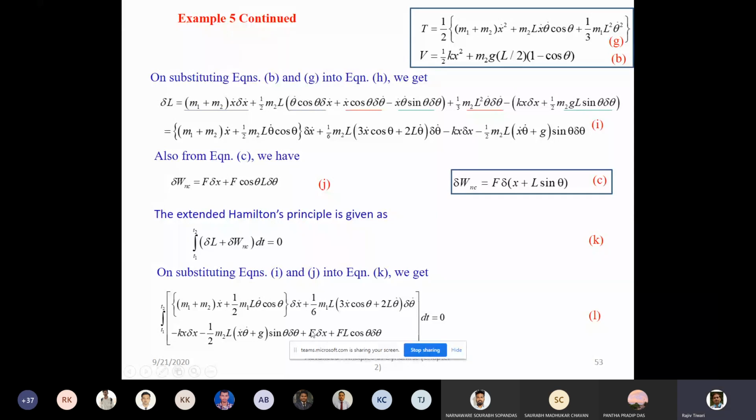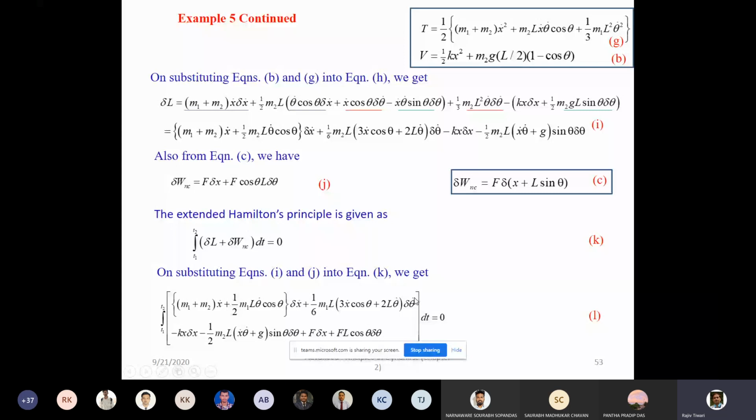But the main thing is we want to eliminate the variation of the x dot to x, as we did for the continuous system case. So here also we need to do the integration by part. Similarly, in this expression, variation of the theta dot is there. So we need to do integration by part to eliminate this time derivative.